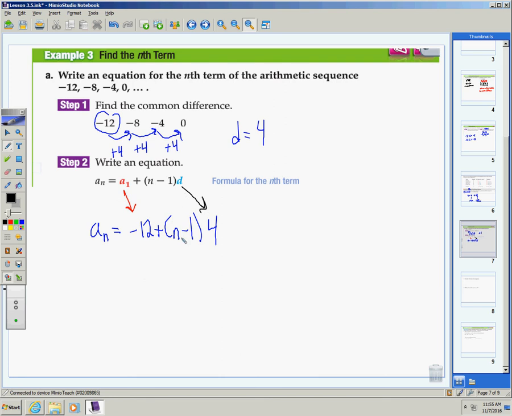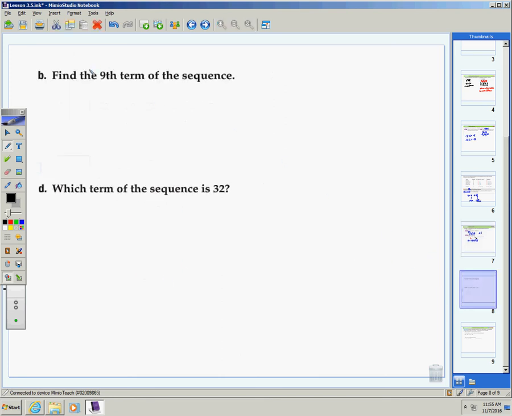So now I can find the 9th term of the sequence because I know a sub n equals negative 12 plus the quantity of n minus 1 times 4. To find the 9th term, that would be a sub 9. Notice the 9th term, instead of the nth term, I'm plugging in 9 for n. This is not a times 9, this is a sub 9, just a label, equals negative 12 plus, and I'm plugging in 9 for n minus 1, which is now 9 minus 1 times 4.